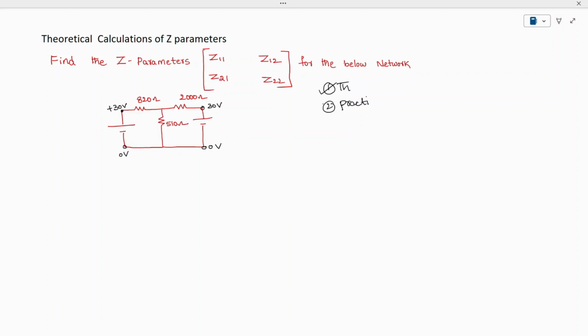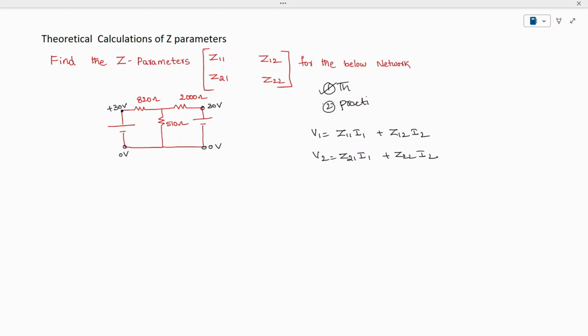So this is the given T network. Now let's try to see how to write it down. The basic equation we have in our hand is V1 is equal to Z11 I1 plus Z12 I2, and the second equation is V2 is equal to Z21 I1 plus Z22 I2.